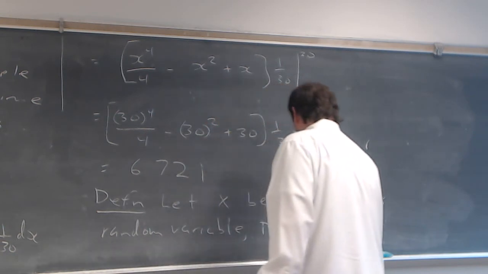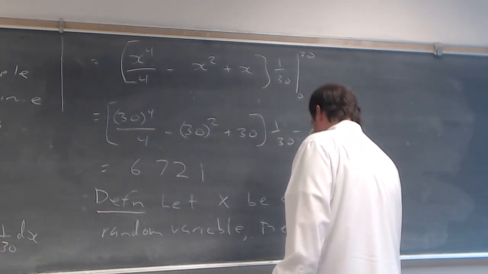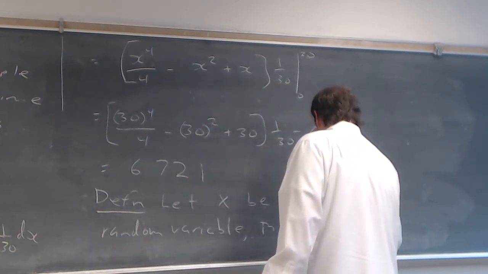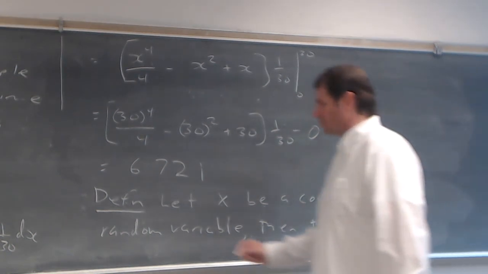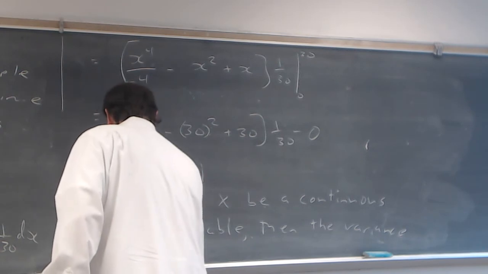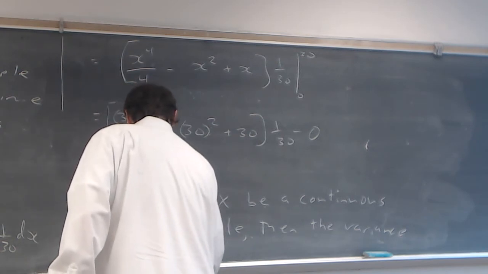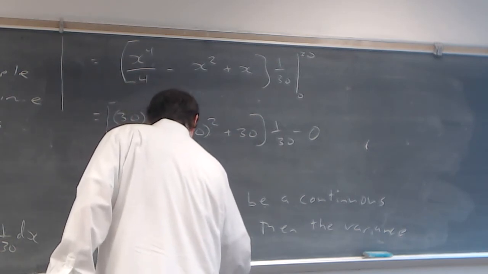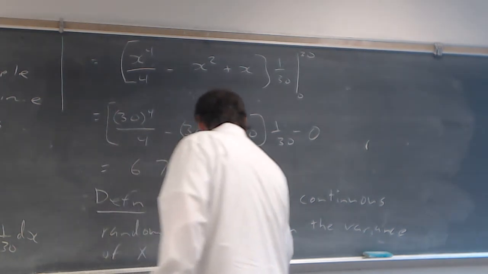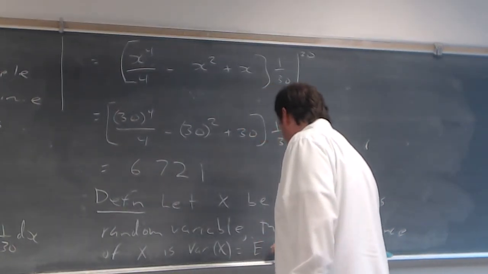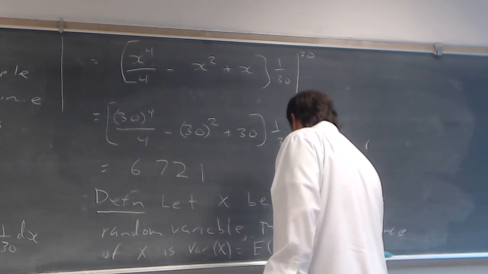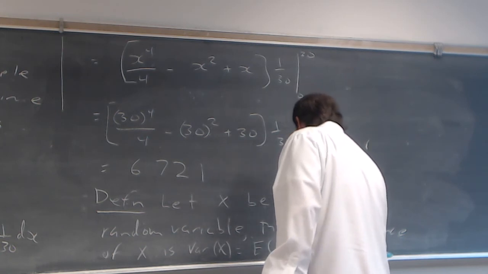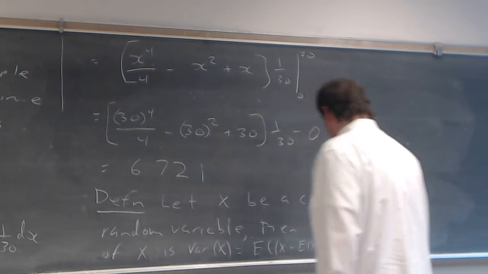Then the variance of x, denoted by VAR of x as we did before, is equal, just like what we had before, to the expected value of x minus the expected value of x, all squared.